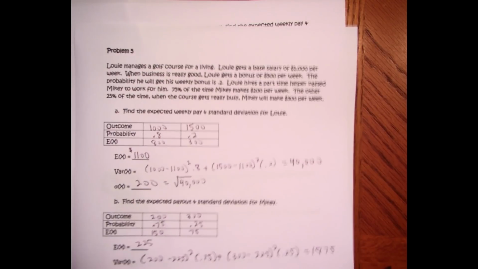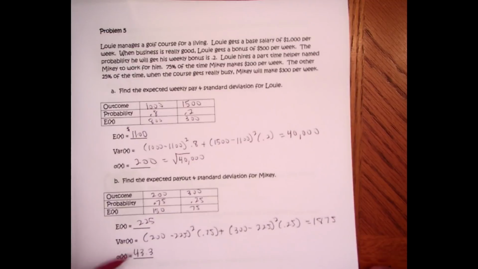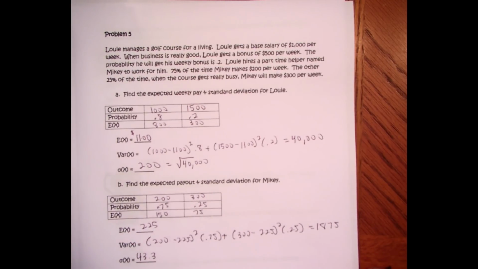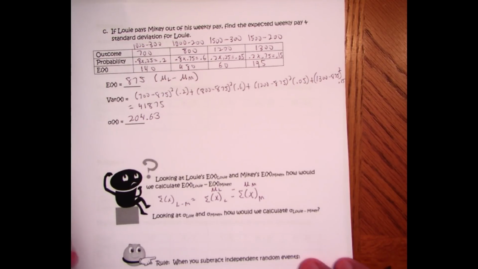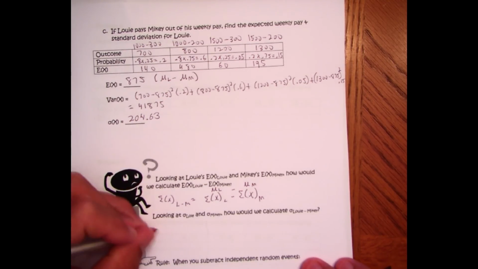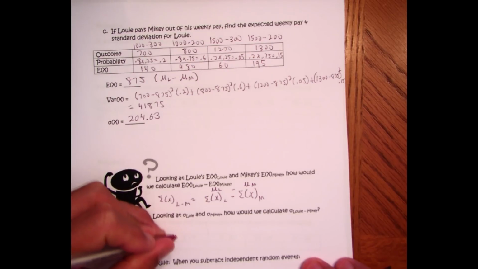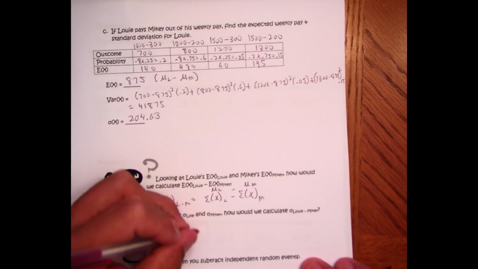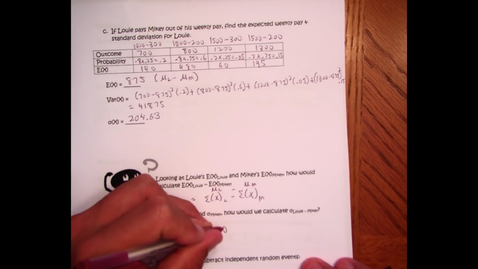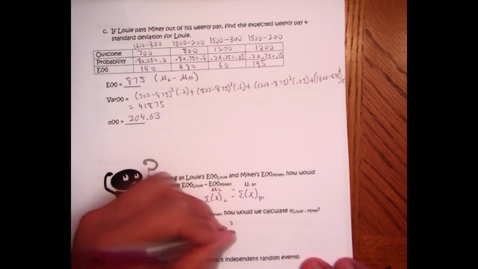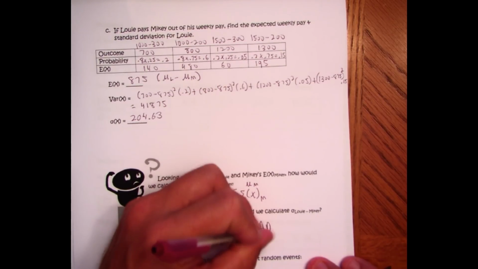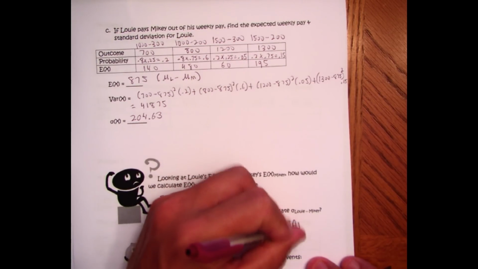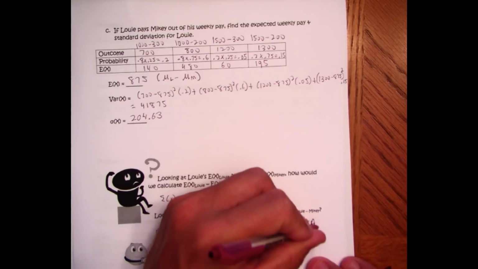Well, all we did is we took the 1,100 and we subtracted the 225. However, when we do the standard deviation, it is the variance for Louis plus the variance for Mikey. We didn't subtract them, we added them, and then we took the square root. So we still add the variances. Variances always add.